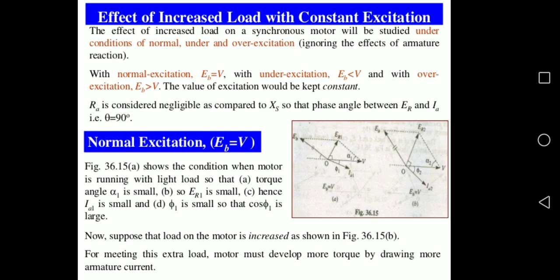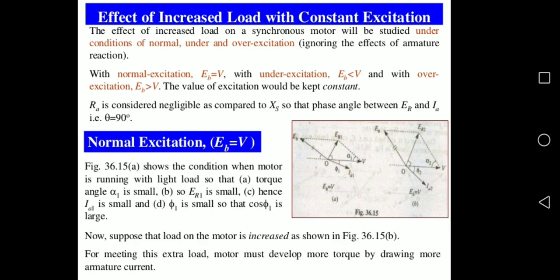Okay, and phi1 is the power factor angle. The power factor angle is small because it is the angle between supply voltage and supply current. Whenever power factor angle is small, then power factor is large.